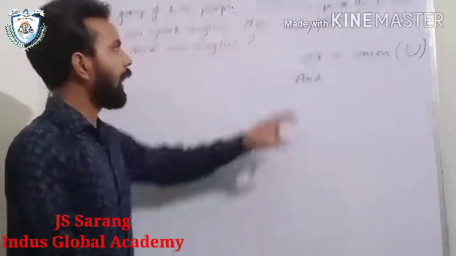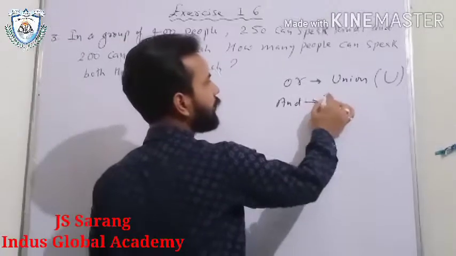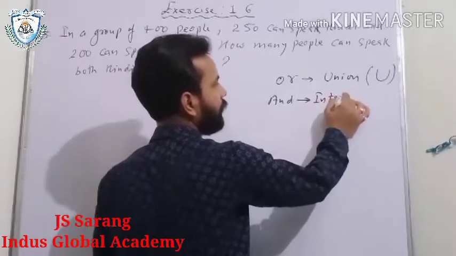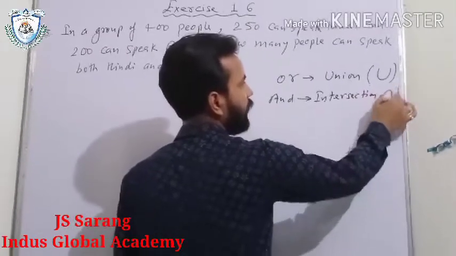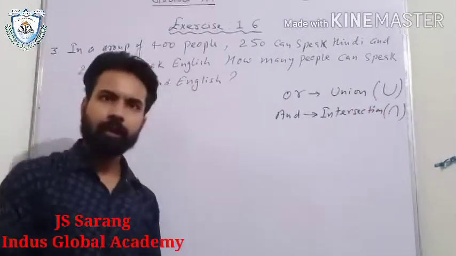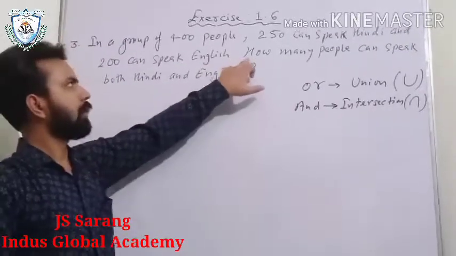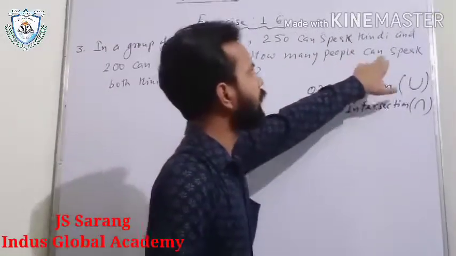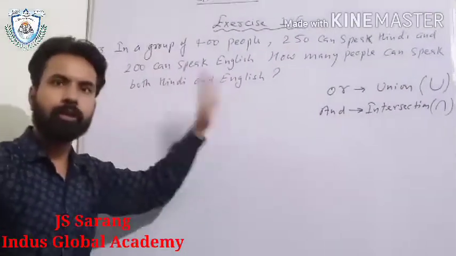Or if "and" is there, that means we will use intersection, and its symbol is this. Got it? Why I am telling this? Read this. How many people can speak both Hindi and English?